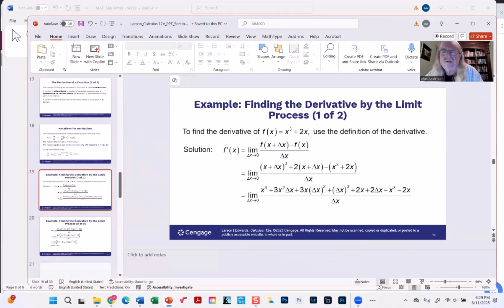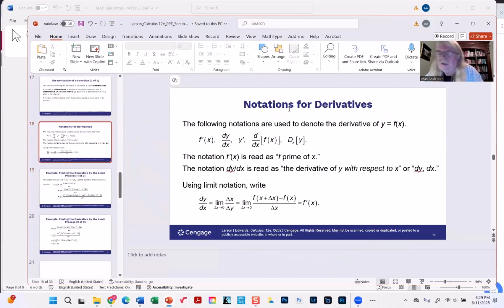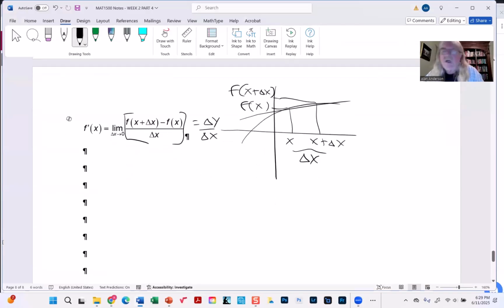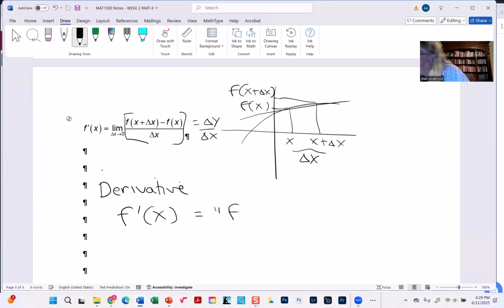All right, so here's our, oh, by the way, I do want to mention here, as a point of notation, the derivative can be written in actually several different ways. We can write f prime of x. Sometimes it's written like this, dy dx.